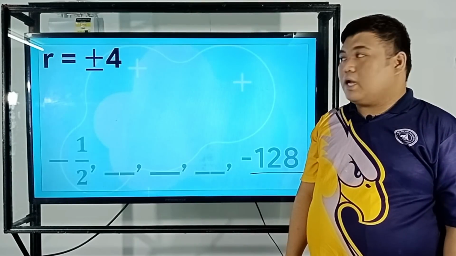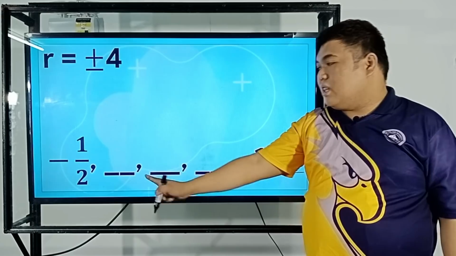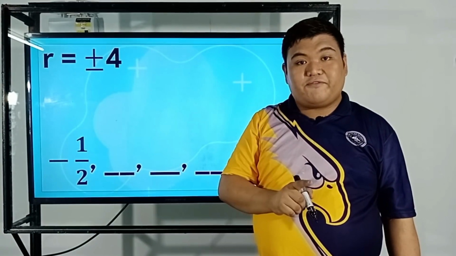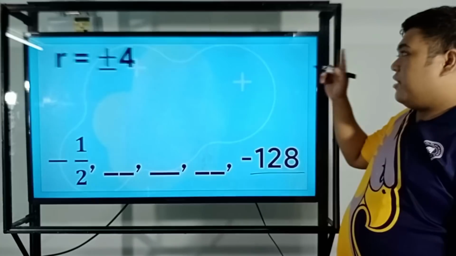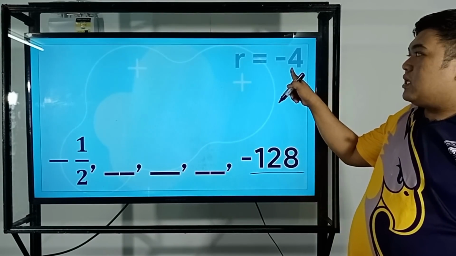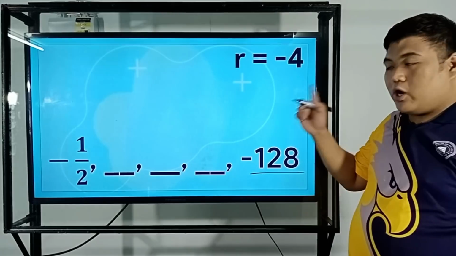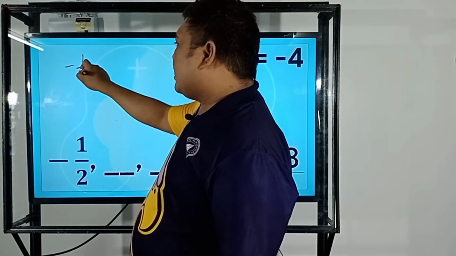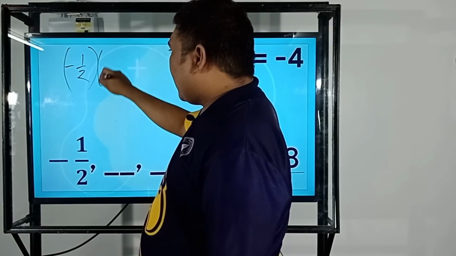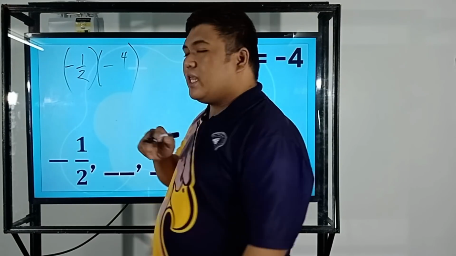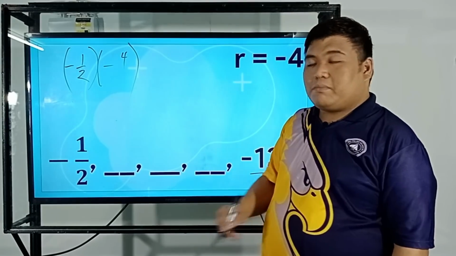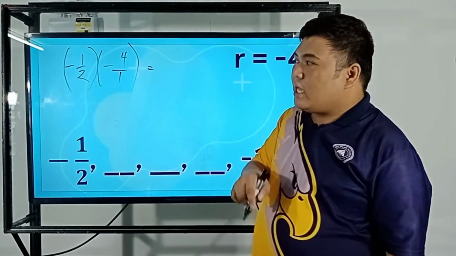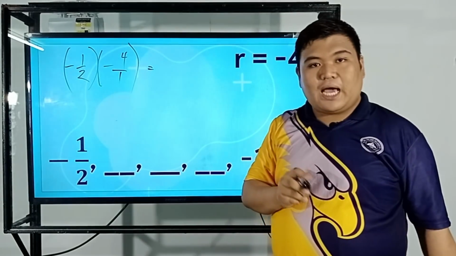Okay, earlier we got the values of the missing terms if the common ratio is positive 4. Now, let's do it if the common ratio is negative 4. Okay, we will multiply by negative 4 this time. So, negative 1/2 times negative 4. Again, all whole numbers have a denominator of 1. The difference now is that they have the same sign.